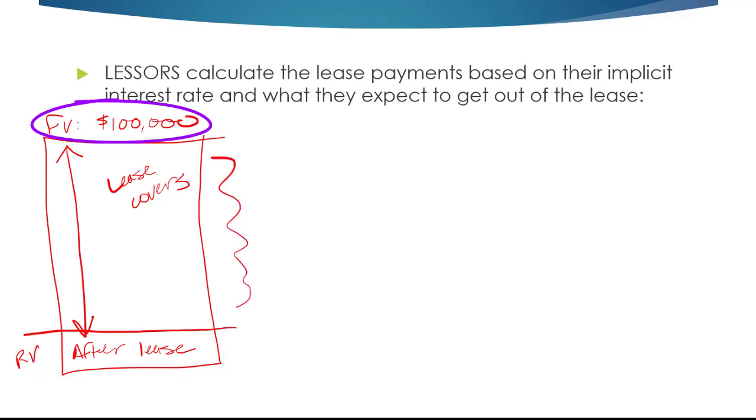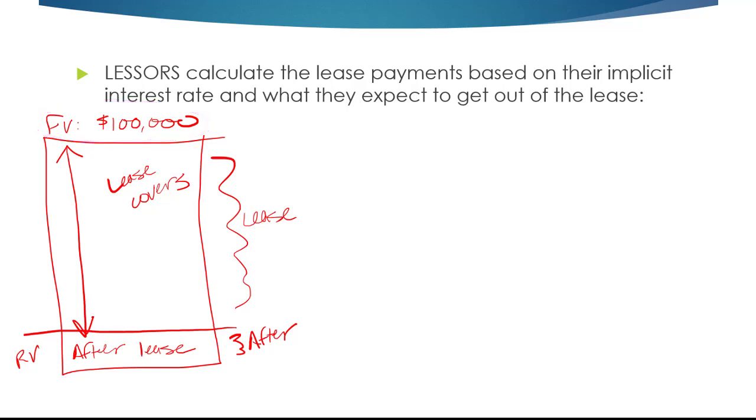This much from the lease, this much as a residual value or after the lease. I can get that residual value from leasing it to somebody else, from giving you another lease, from selling it to somebody else, selling it for scrap metal, selling it to you as the lessee, lots of different ways. But I'm going to get my $100,000 one way or another.